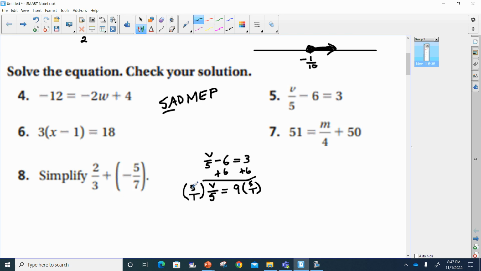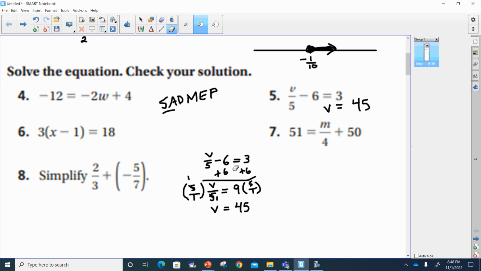I can go ahead and reduce these. 5 divided by 5 is 1. 5 divided by 5 is 1. That leaves me v over 1, which is v. And now I have 9 times 5, and that's 45. So v equals 45 for number 5.